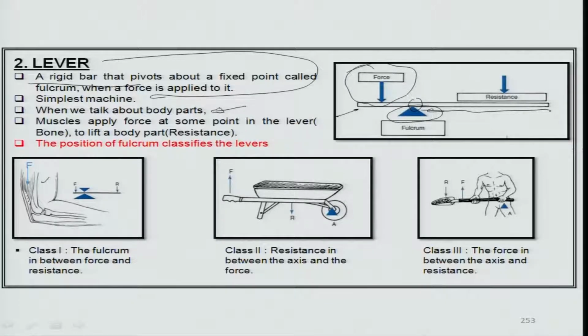So muscles apply the forces. For example, let us say we talk about this particular orientation of the hand when we are trying to lift something. Obviously the upper portion of the hand right here is able to give a force which is going to lift the lever arm. You can think of this as the fulcrum point, because we do not change the orientation of this, it is fixed with respect to the shoulder.